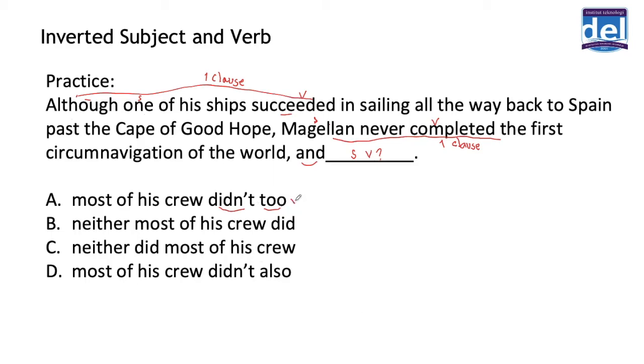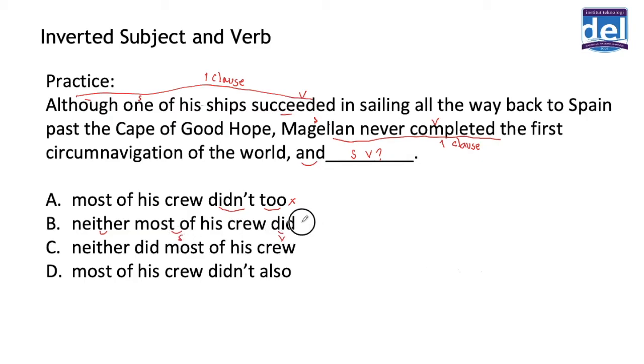So this is eliminated. Now let's see B. "Neither most of his crew did." There is a negative expression here, "neither," and it displays before the subject and verb. That means the subject and verb are supposed to be inverted, right? But in here, they are not. It is still normal structure, subject, verb.